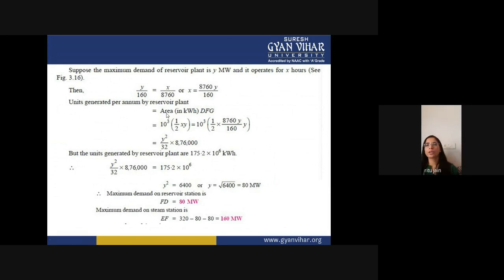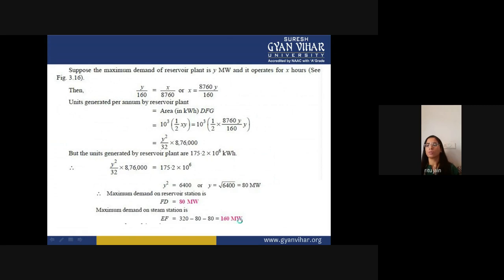So the unit generated per annum by the reservoir plant is the area DFG in kilowatt hour, and you can easily calculate it by this formula, for the reservoir plant, which is your hydropower plant. The maximum demand on the reservoir station is 80 megawatt, and the maximum demand on the steam station is your 320 minus 80 minus 80.